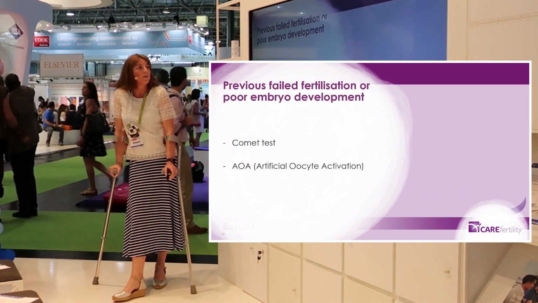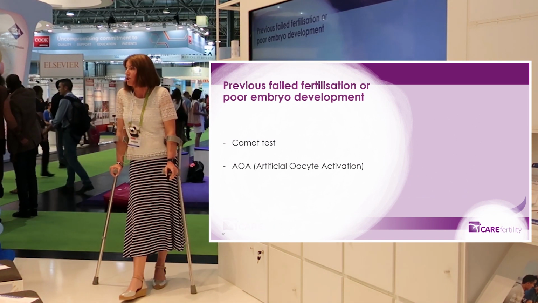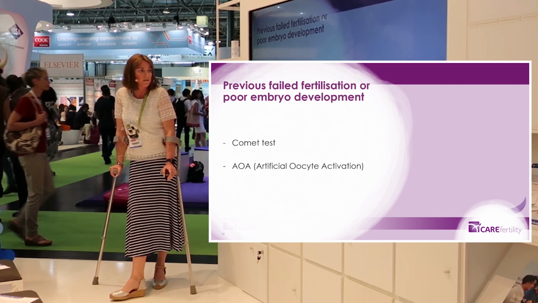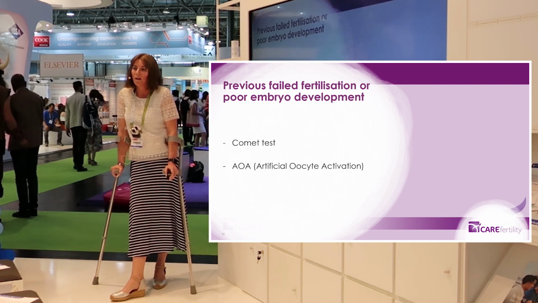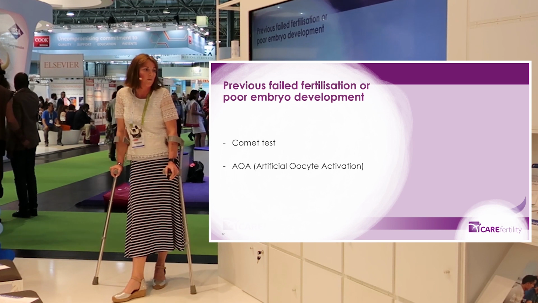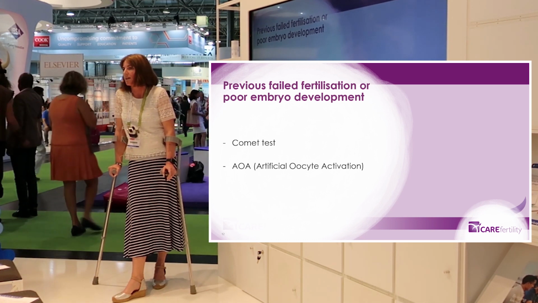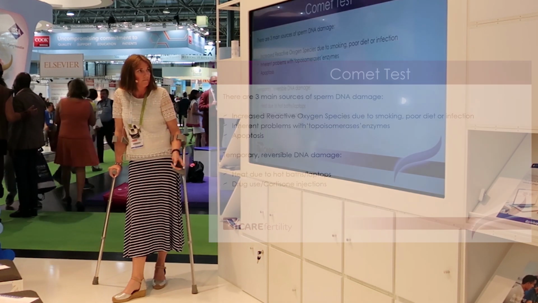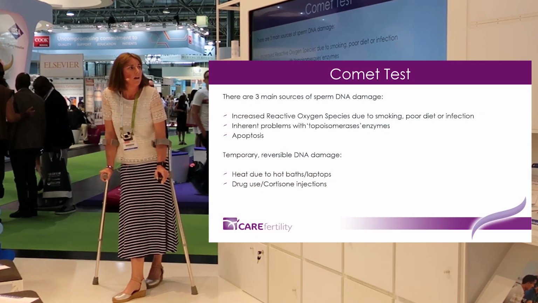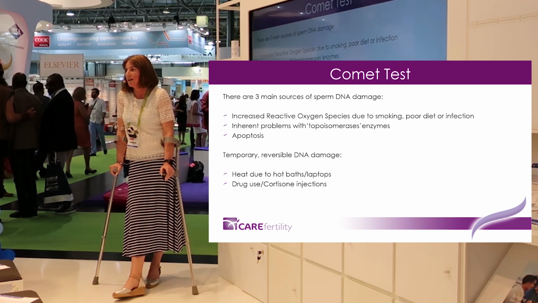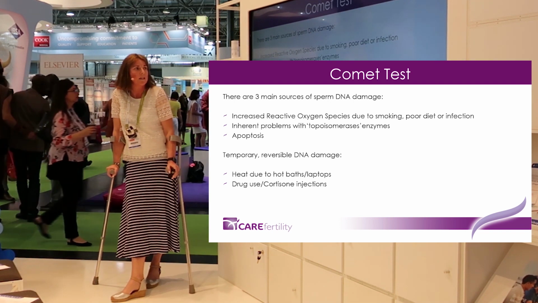For patients with previous failed fertilisation or previous poor embryo development, we've got a couple of laboratory tools that we can offer: the COMET test and artificial oocyte activation. The COMET test looks at the percentage of sperm DNA damage.